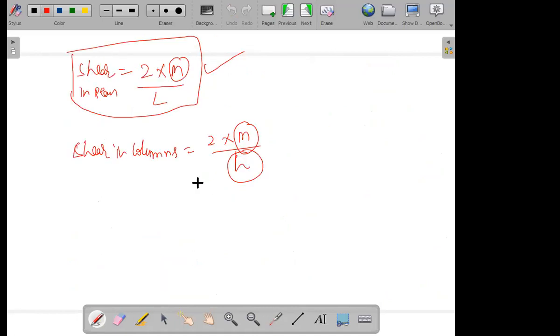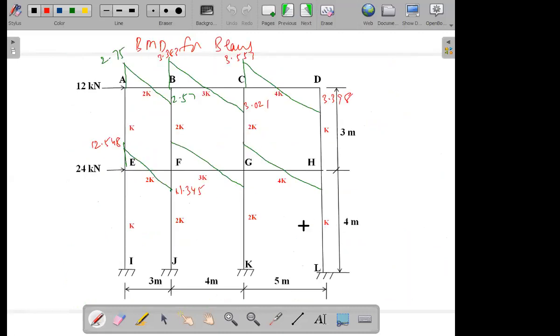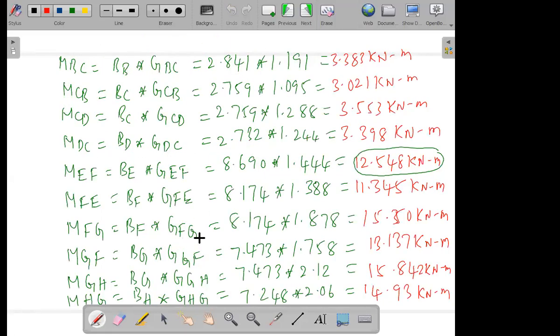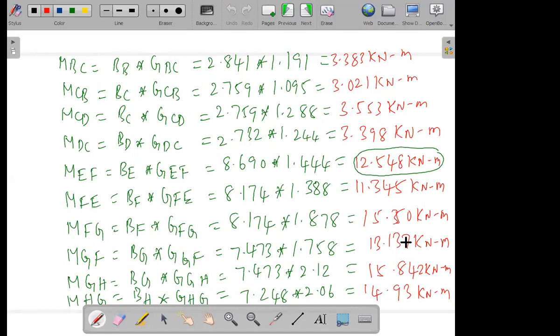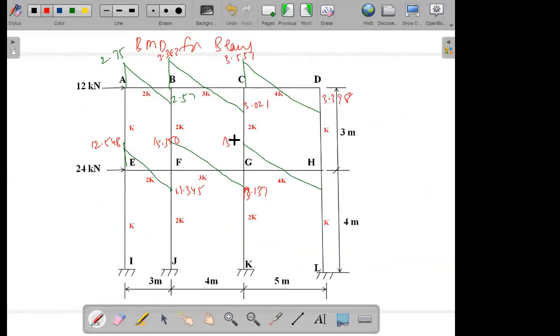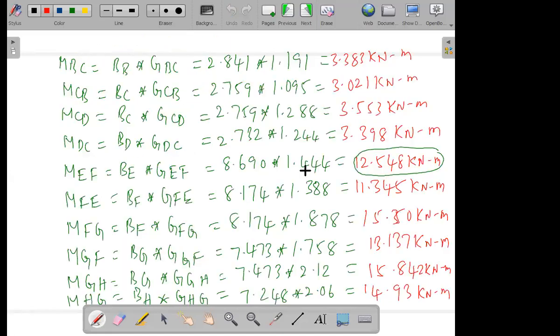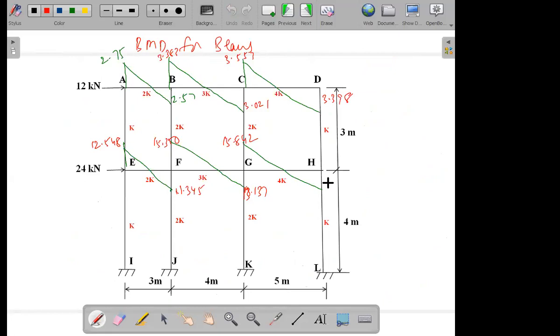FG is 15.350. GF is 13.137. GH is 15.842, and HG is 14.93.